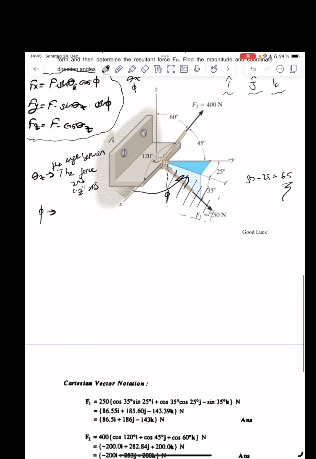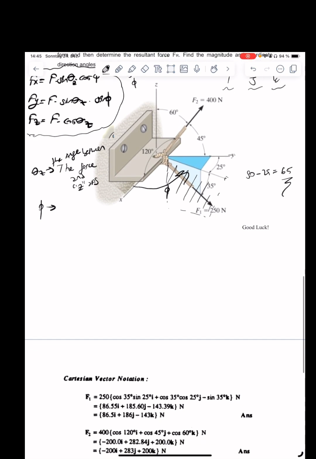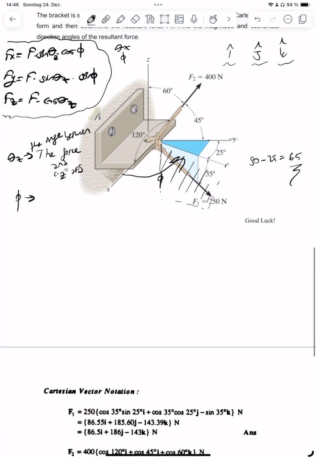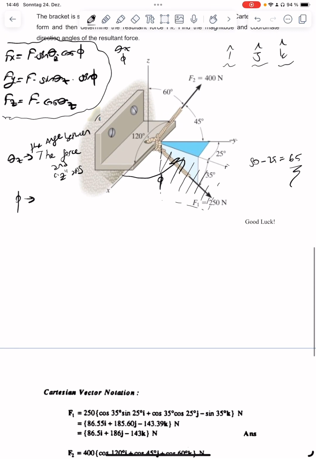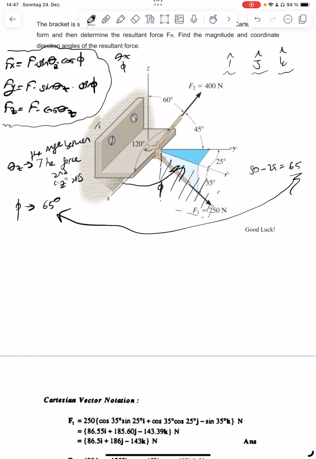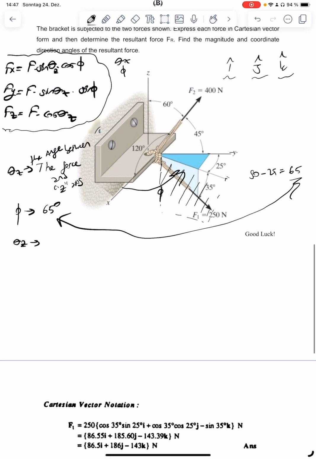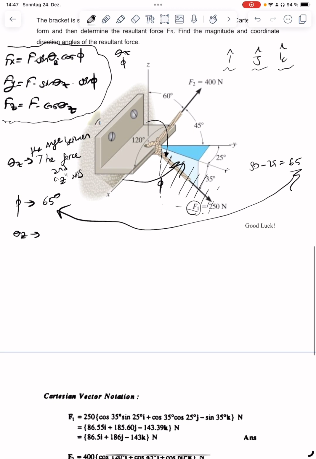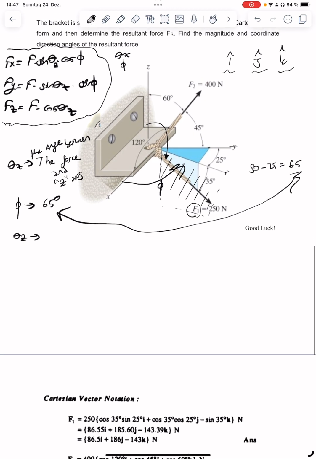Also we have known theta z. Okay, we can start with F1, and it is 65 degrees. What is theta z for F1? Theta z is from the z-axis going to F1.